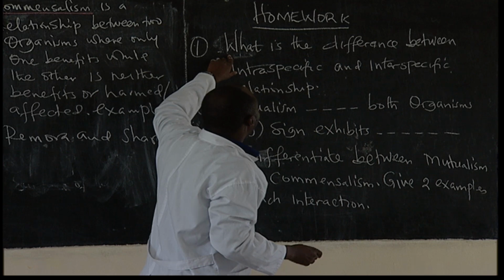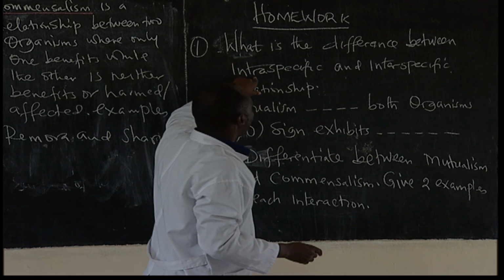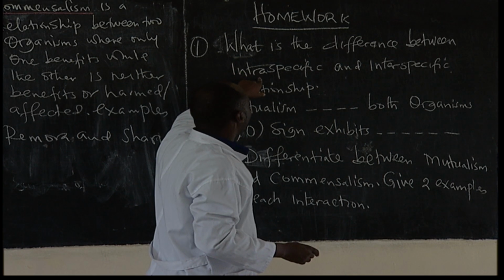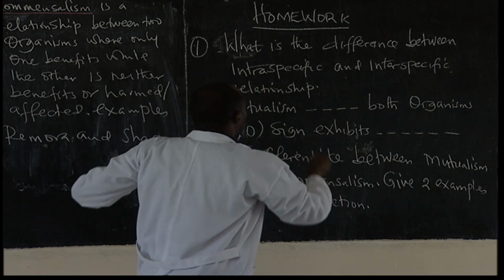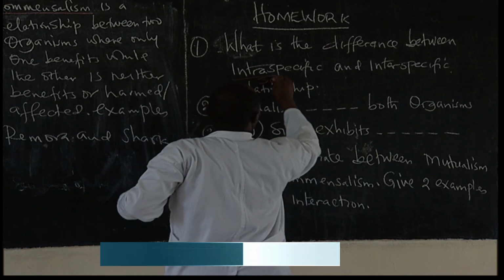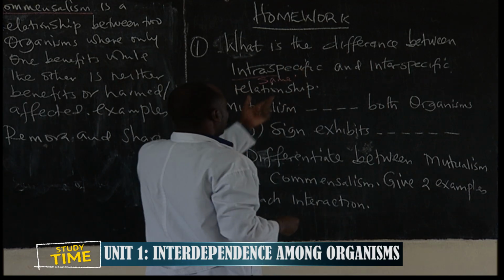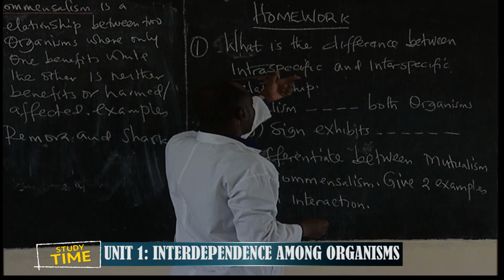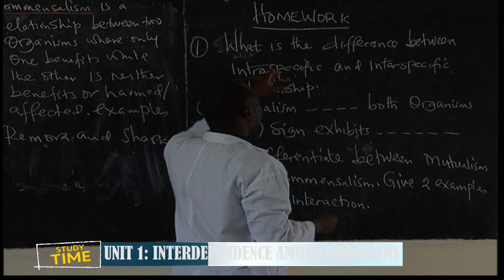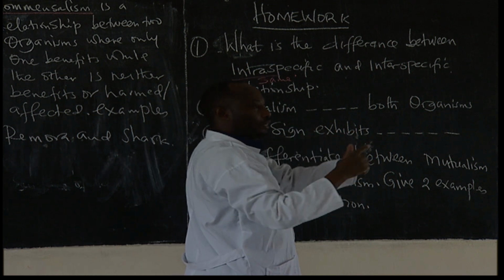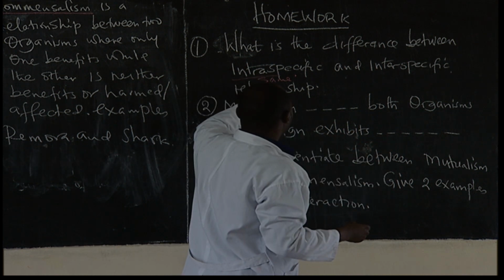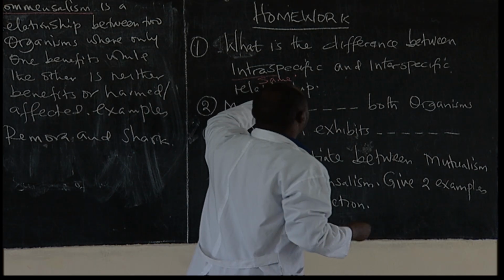Intraspecific relationship is a type of relationship that exists between organisms of the same species. This one involves the same species, if I take an example like lions. That type of relationship where organisms of the same species benefit from each other is referred to as intraspecific.